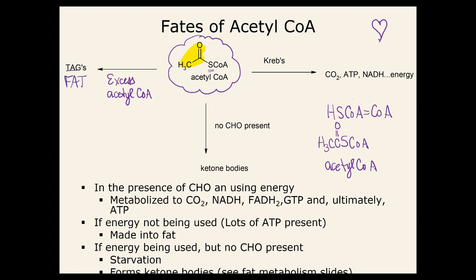So TAGs, triacylglycerols. If we need energy, acetyl-CoA will go into Krebs or citric acid cycle to form ATP, NADH, and CO2. And then if we don't have carbohydrates present, it'll form ketone bodies. And we're going to talk more about that a little bit later.